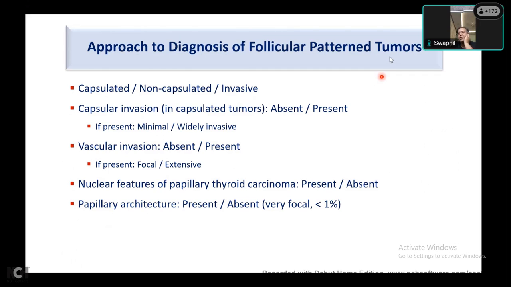So when we talk of patterns, we are talking of architectural patterns and not cell type. Always make the distinction: architectural patterns you detect at low magnifications, 4x and 10x, while cell types you might have to see at higher magnifications, maybe 20x or so.